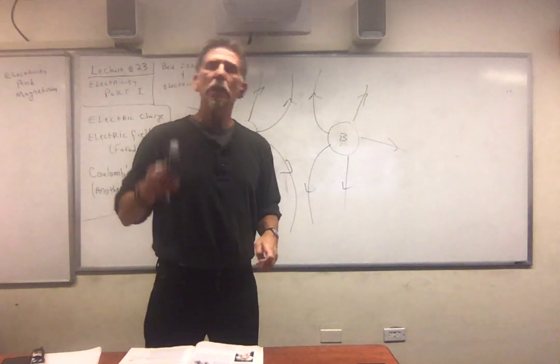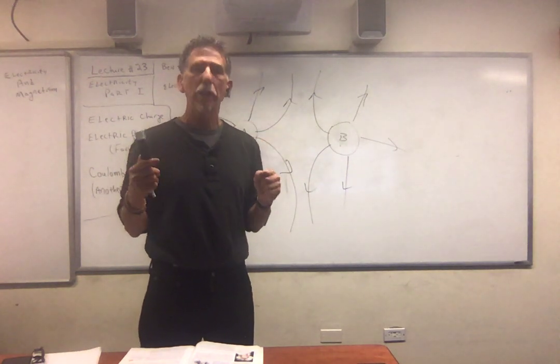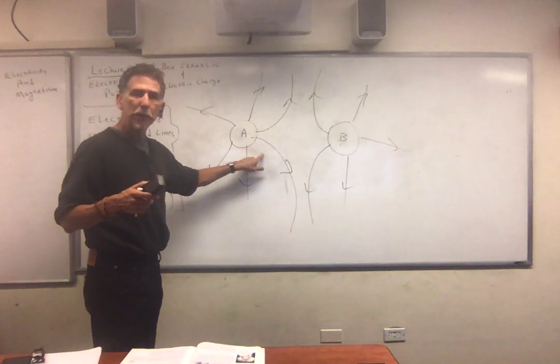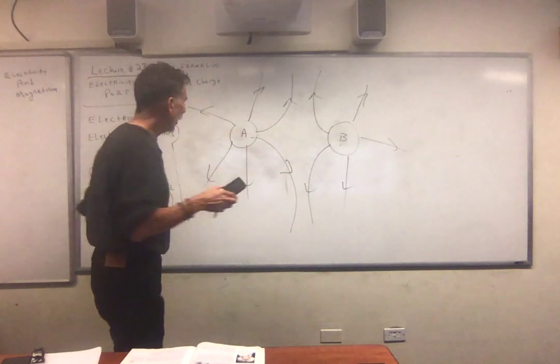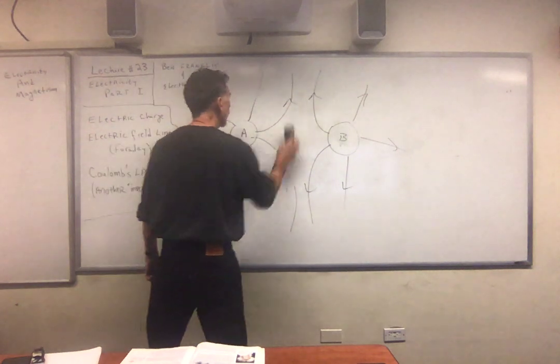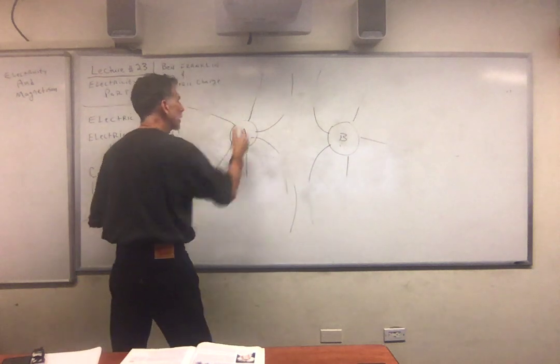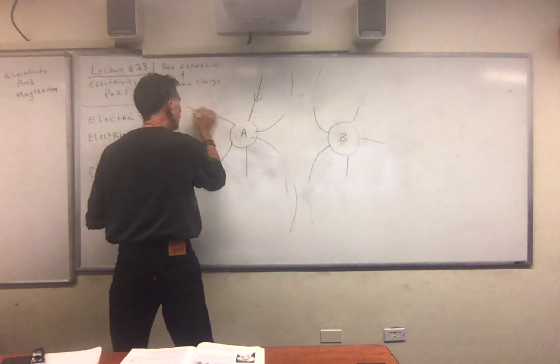What would happen if A and B were both negative? Well, again, negative, negative, repel. How would this picture be different? Do you know? Okay, so here we would say if they're negative, both charges would be sinks. So the lines would go in.